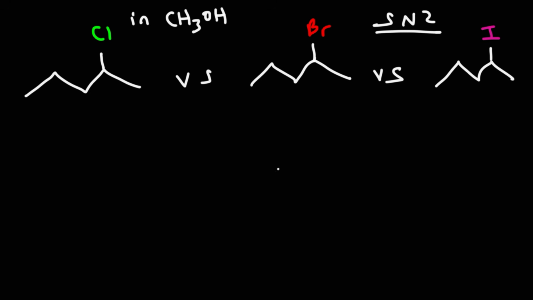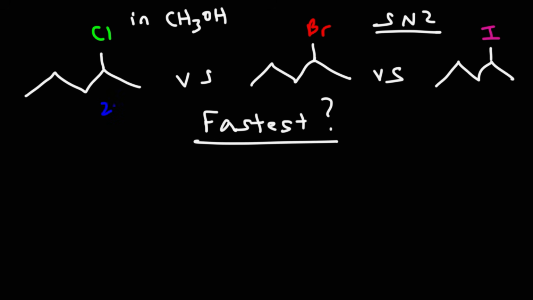So which one will react the fastest? What would you say? In all cases, we're dealing with a secondary alkyl halide. The only difference is the leaving group. So what we're looking at is leaving group stability. Which leaving group is the best in a protic environment?